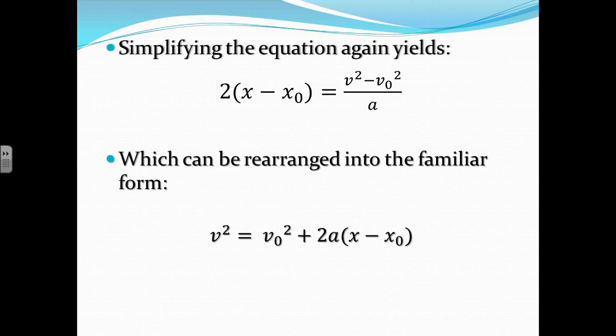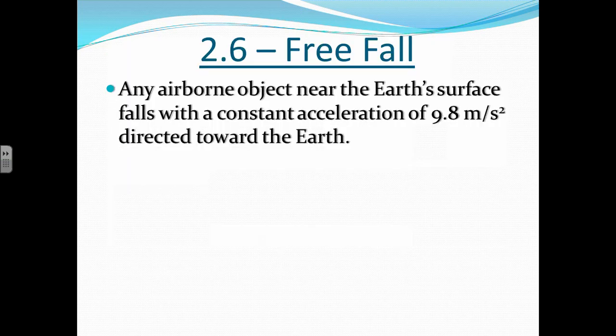Now, when we're talking about constant acceleration, probably the most prominent example of constant acceleration in our environment is free fall. When any airborne object near the Earth's surface is in free fall, meaning there's nothing under it and it is free to fall, it will fall with a constant acceleration of 9.81 meters per second squared towards the center of the Earth.